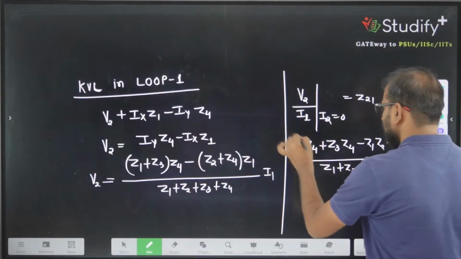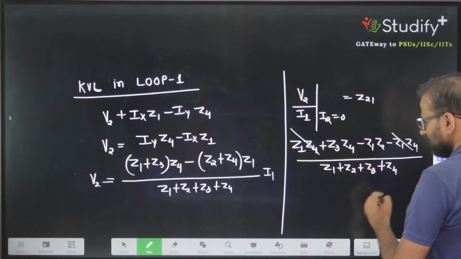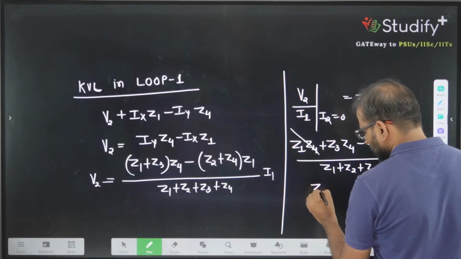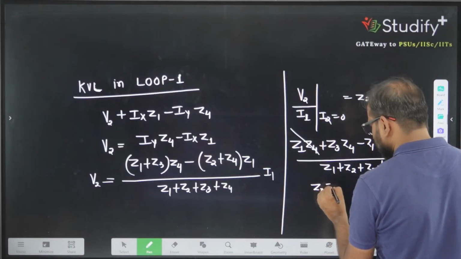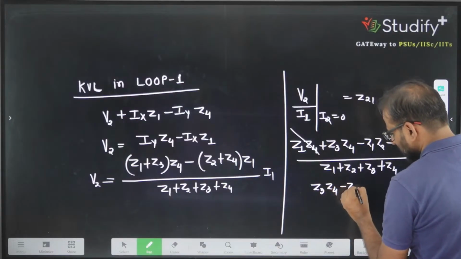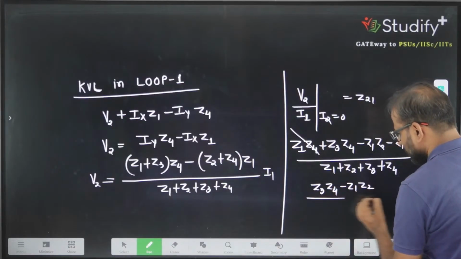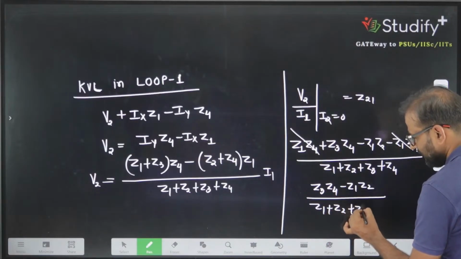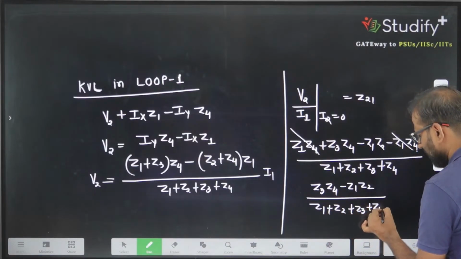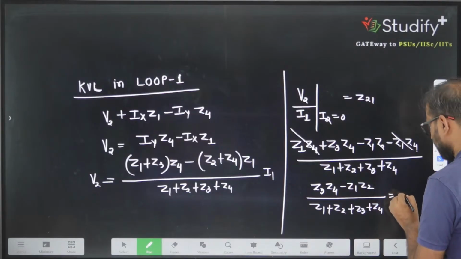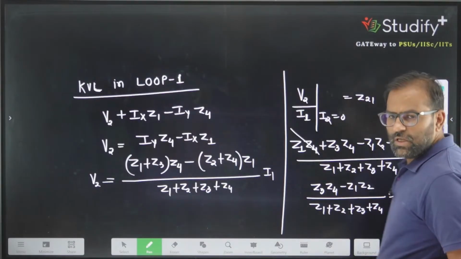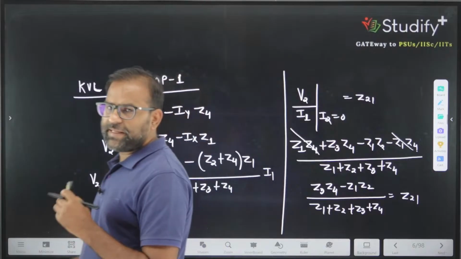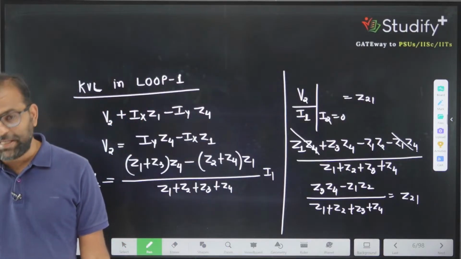Z1 Z4 and Z1 Z4 cancel. From here you cannot take anything as common. So what is the Z21 parameter? Z3 Z4 minus Z1 Z2 divided by the summation of all resistances, Z1 plus Z2 plus Z3 plus Z4. And that parameter is Z21.